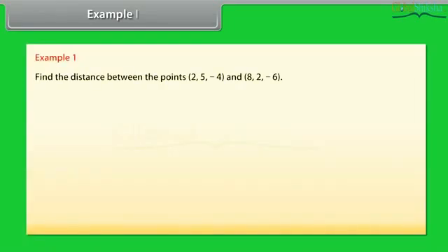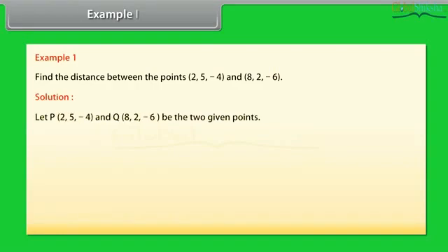Example 1. Find the distance between the points (2, 5, -4) and (8, 2, -6). Solution. Let P (2, 5, -4) and Q (8, 2, -6) be two given points.